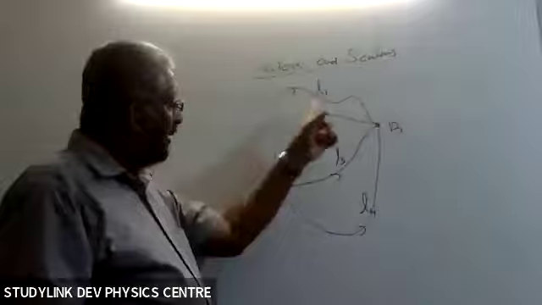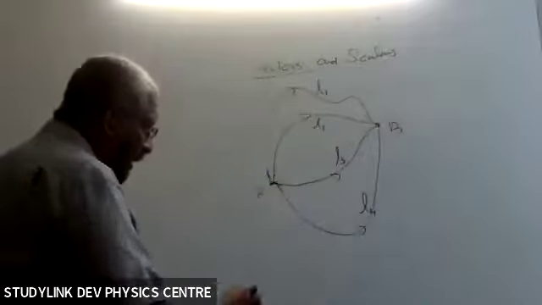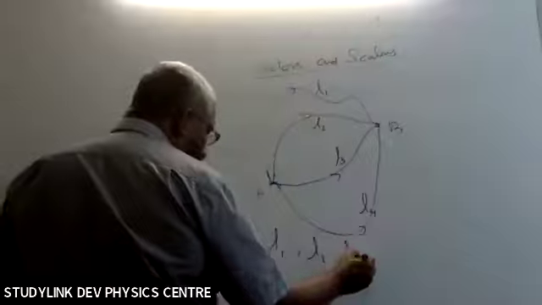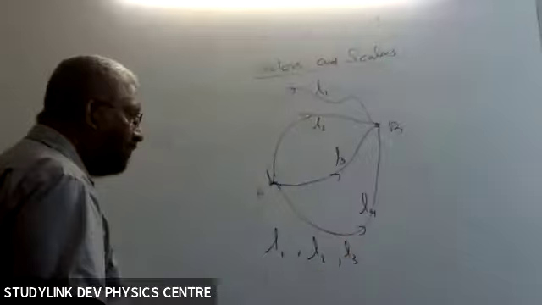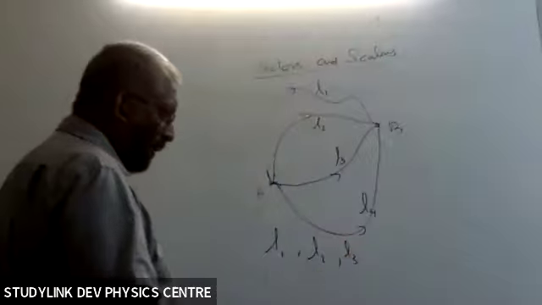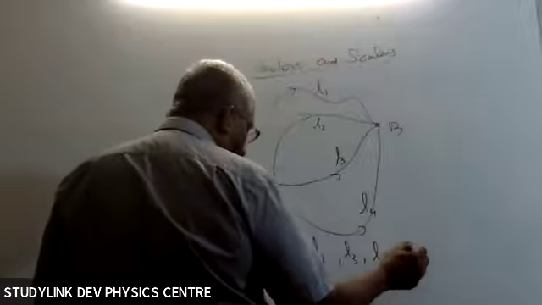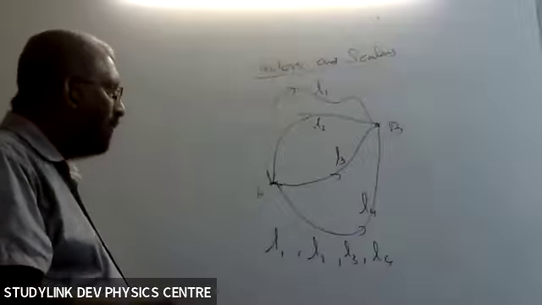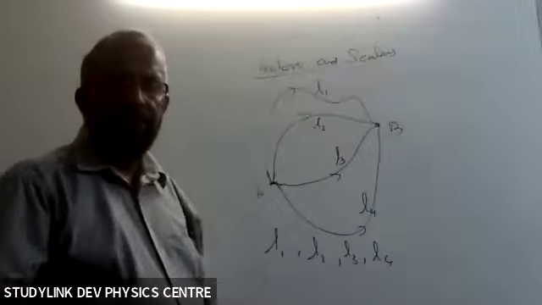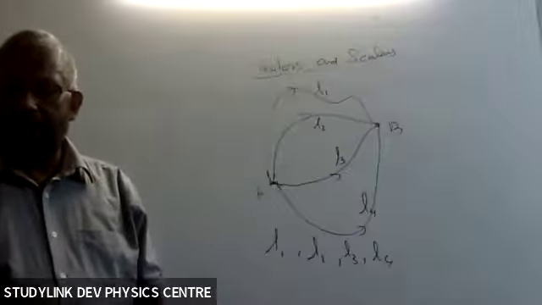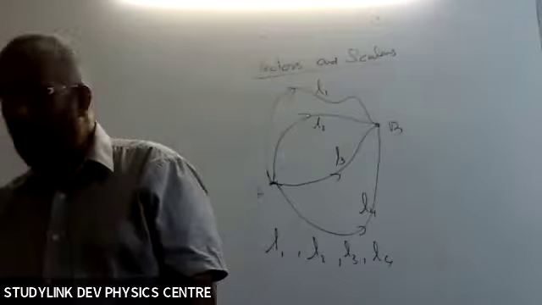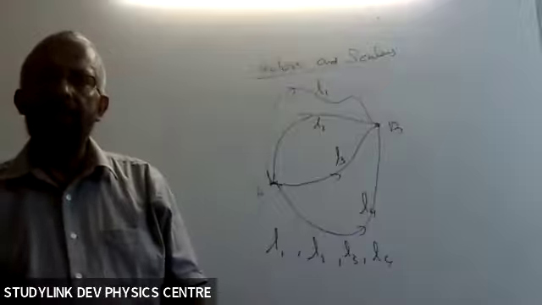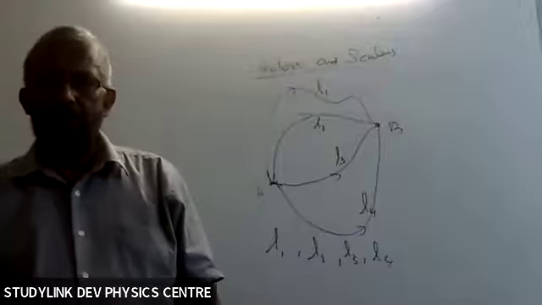Then draw it and say L1, L2, L3, L4 are distances with respect to each path.